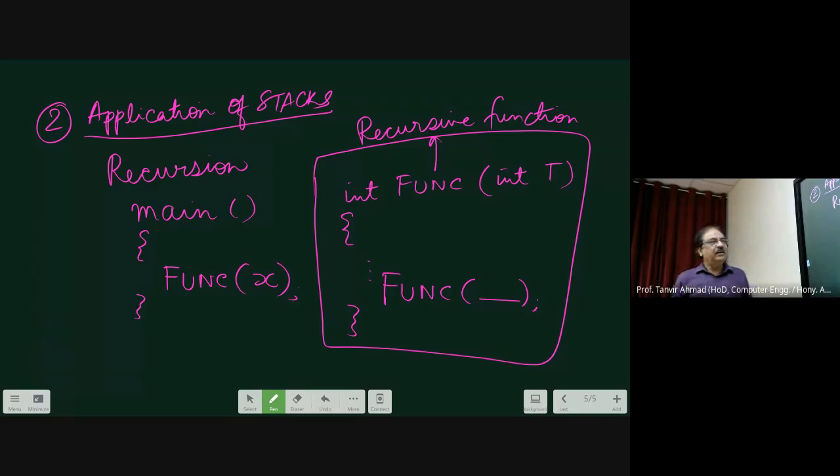Now here, it is not that all functions will work recursively like this. There are some preconditions for whether the recursive function is valid or not. Now there are basically two main requirements.